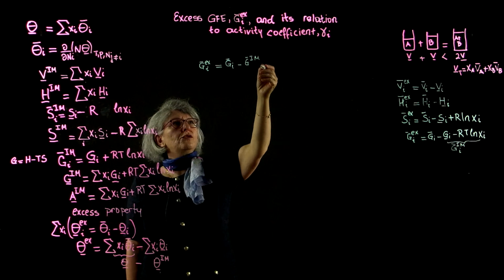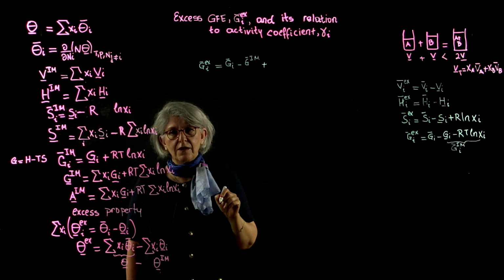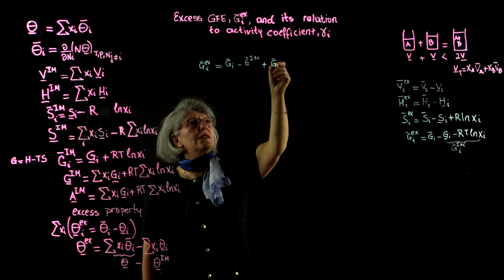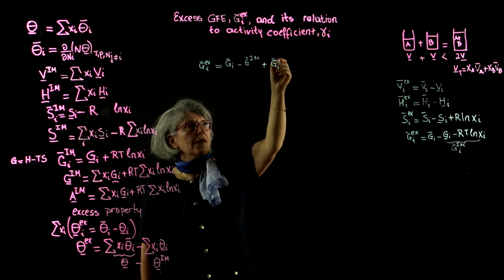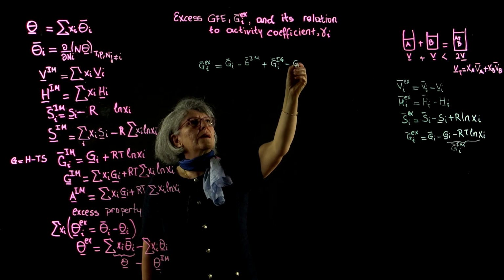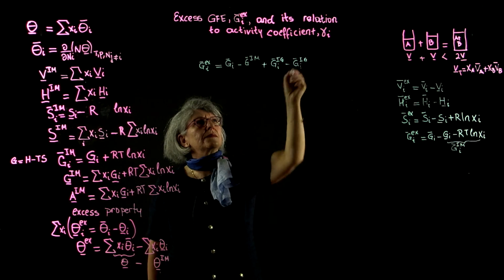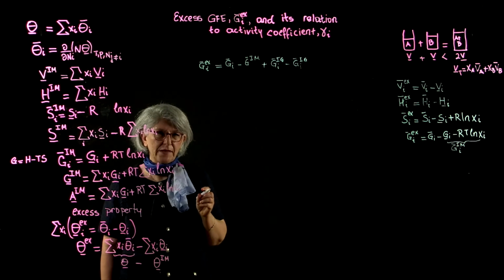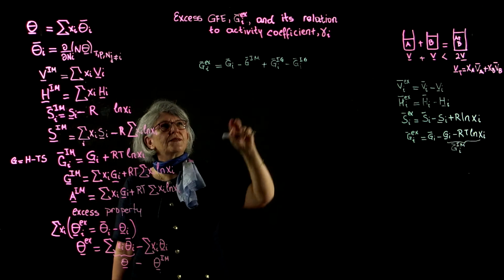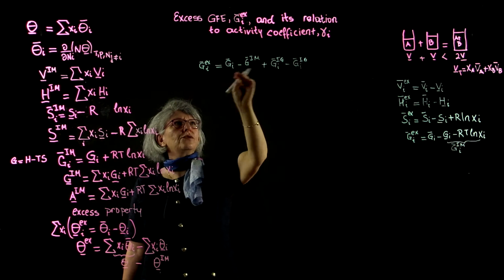What I'm going to do is add and subtract the partial molar Gibbs free energy of an ideal gas. All right, ideal gas state is my reference state. Let's see where this algebra is going to take us. I'll just combine these two and then these two.